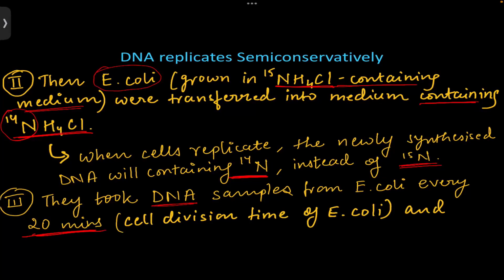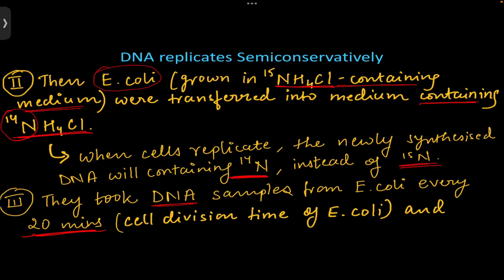So what they did, they took a few E. coli cells initially, at time 0, and extracted their DNA molecules. Then they waited for 20 minutes to get generation 1 of the E. coli cells, took those E. coli cells, and extracted DNA molecules.